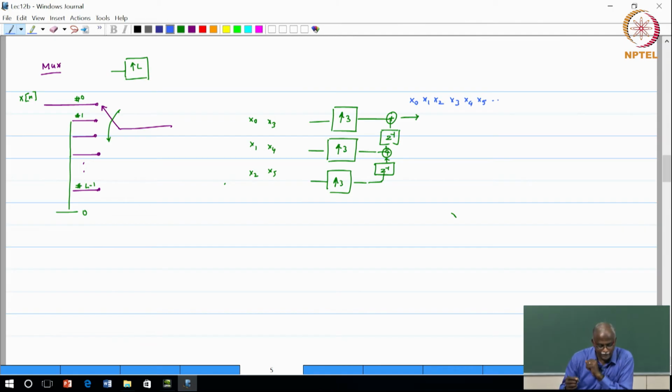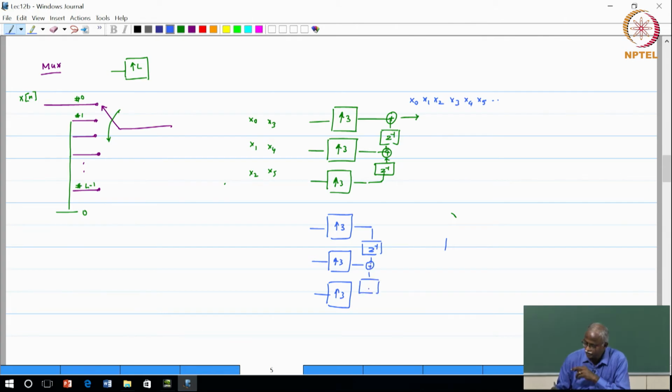Same thing that we would like to look at a little bit more carefully. Now if these signals had gone in the other direction, basically the arrows had gone in the other direction. This is upsampling by a factor of 3, upsampling by a factor of 3, upsampling by a factor of 3, and it goes in this direction, Z inverse, add.